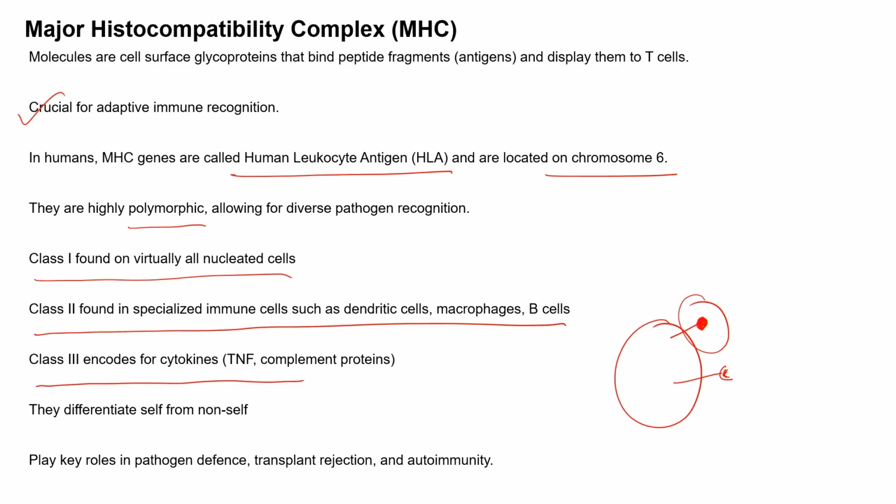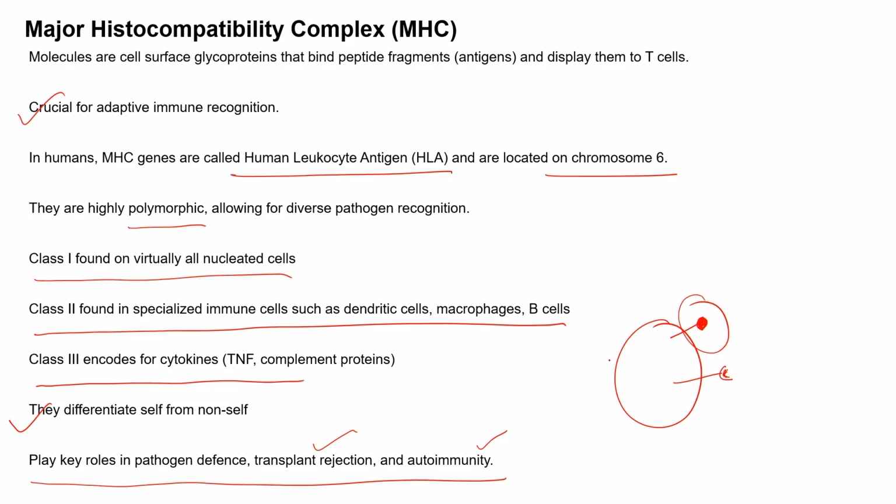So, although they are not producing any presenting molecule, they are producing cytokines in the cell. And of course, they can differentiate self from non-self, and apart from defense response, they also play a very important role in transplant rejection, and also the immunity response against our own antigen, self antigen, called autoimmunity. We will see autoimmunity and transplant rejection in our future classes.